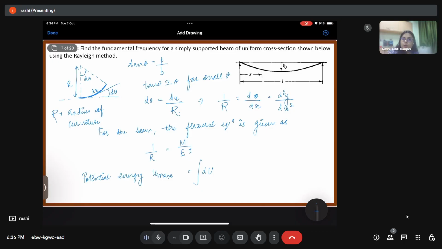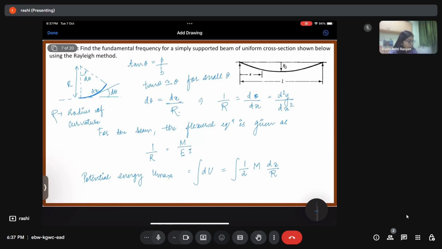Here dU is the potential energy for a very small element that we have considered, which we can write as integration of half M into dx by R. Now 1 by R we can write as d square y by dx square, right?